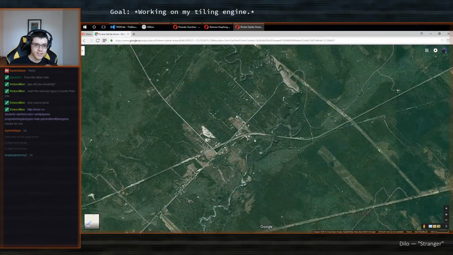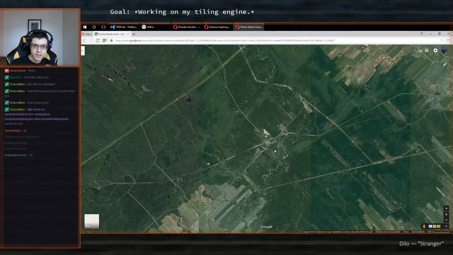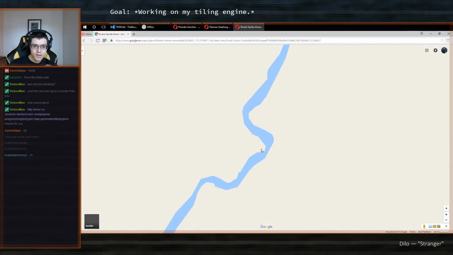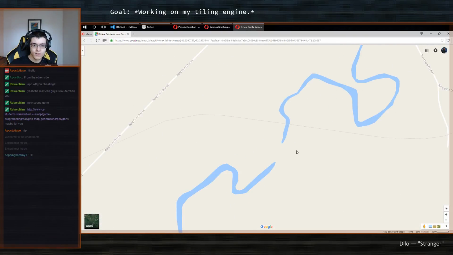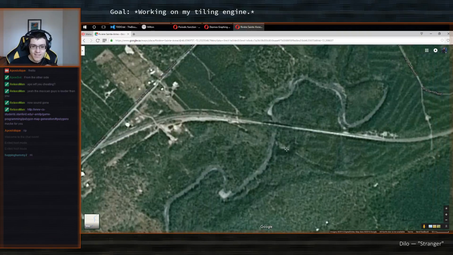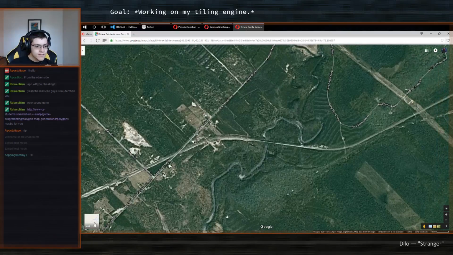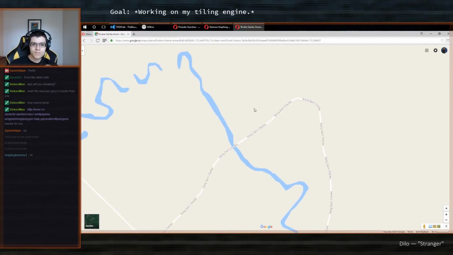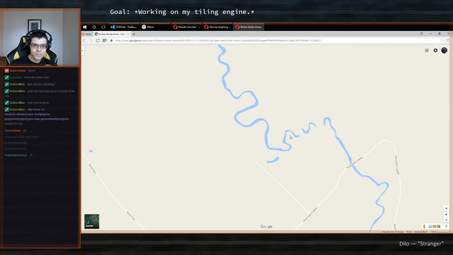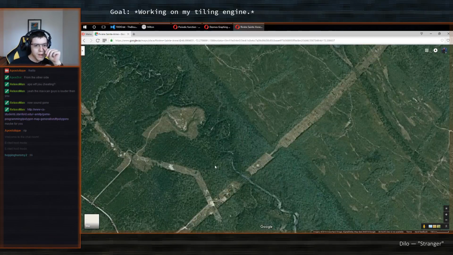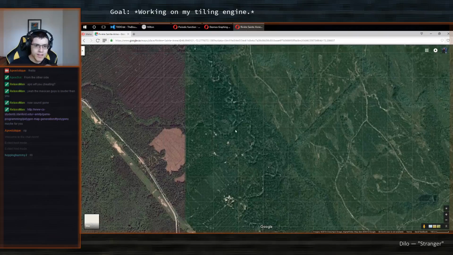Quality is so bad. This is like some rural area. Oh, I wasn't even looking at the right spot. Okay, and then it becomes so small that it's lost.